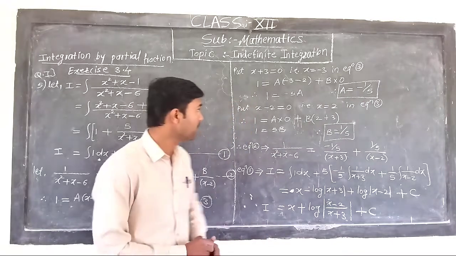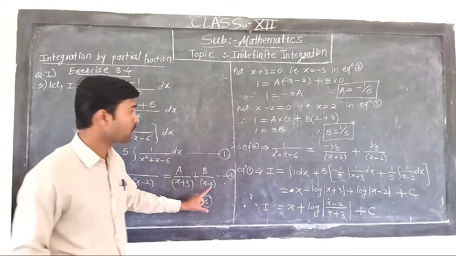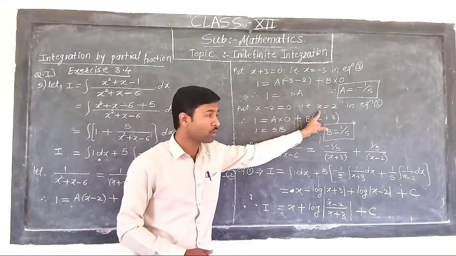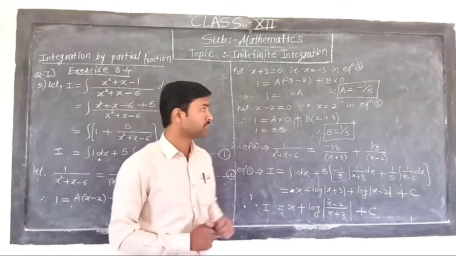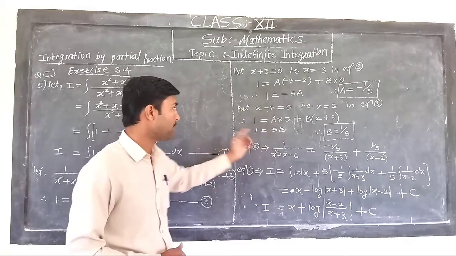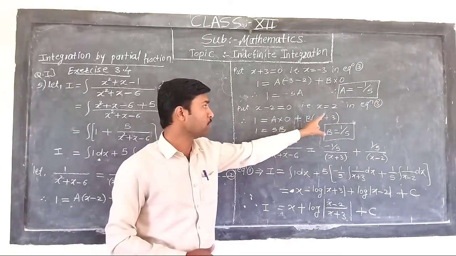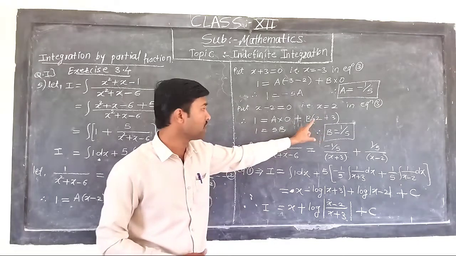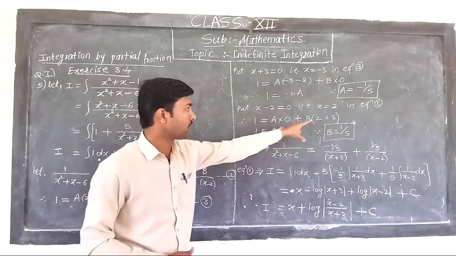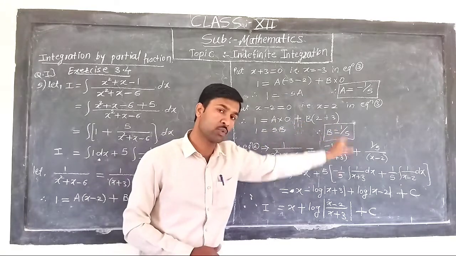Now for the value of B, the factor below B is x − 2, so put x − 2 equals 0, that is x equals 2 in equation number 3. Then equation 3 becomes 1 equals A times that factor x − 2, which becomes 0, plus B(2 + 3), and solving this, 3 + 2 is 5, 5B equals 1, means B equals 1/5.